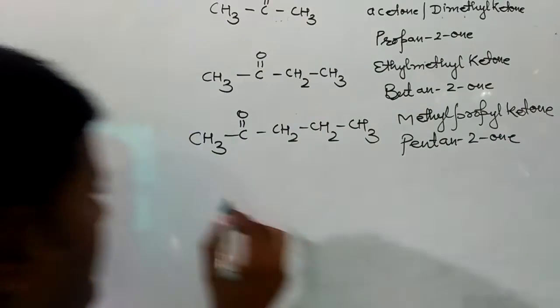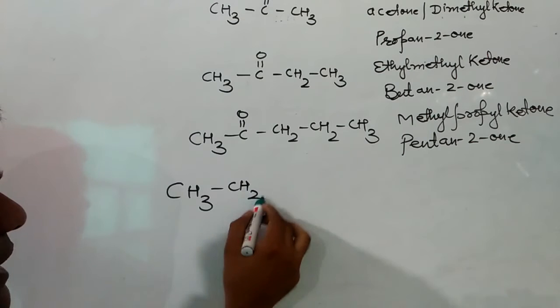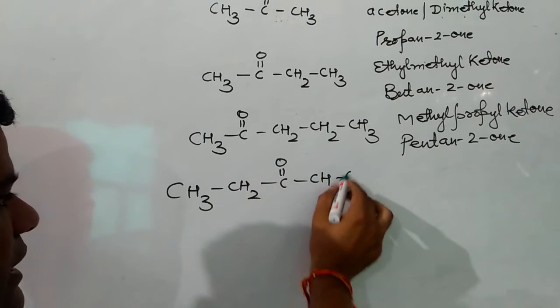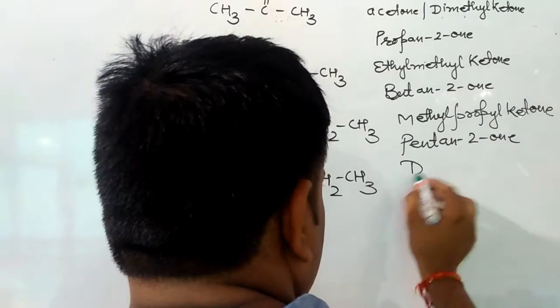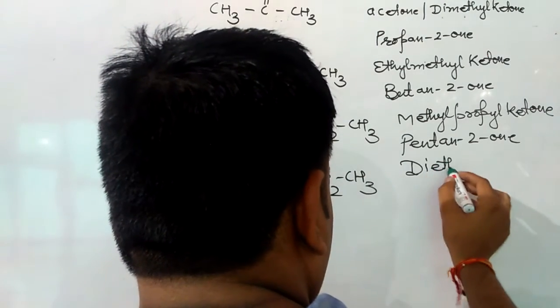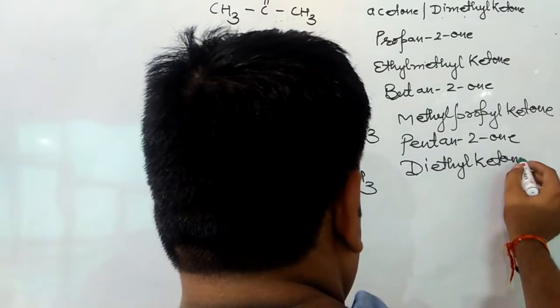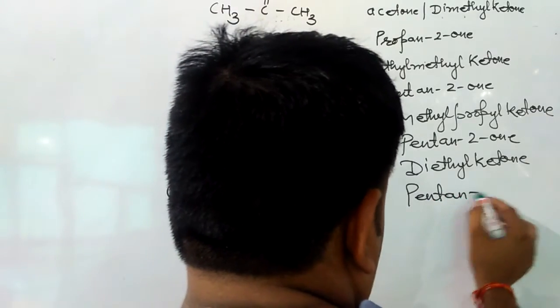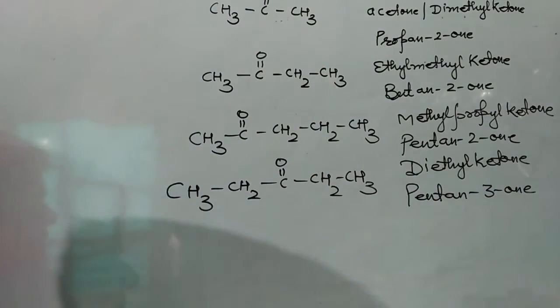And the next one will be CH3CH2COCH2CH3. Common name will be diethyl ketone, and IUPAC name will be pentan-3-one. Pentan-2-one and pentan-3-one can be distinguished by use of the iodoform test.